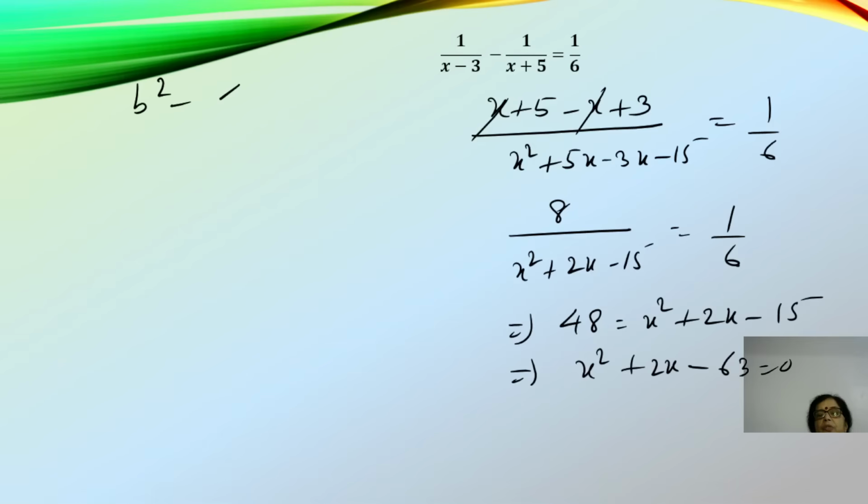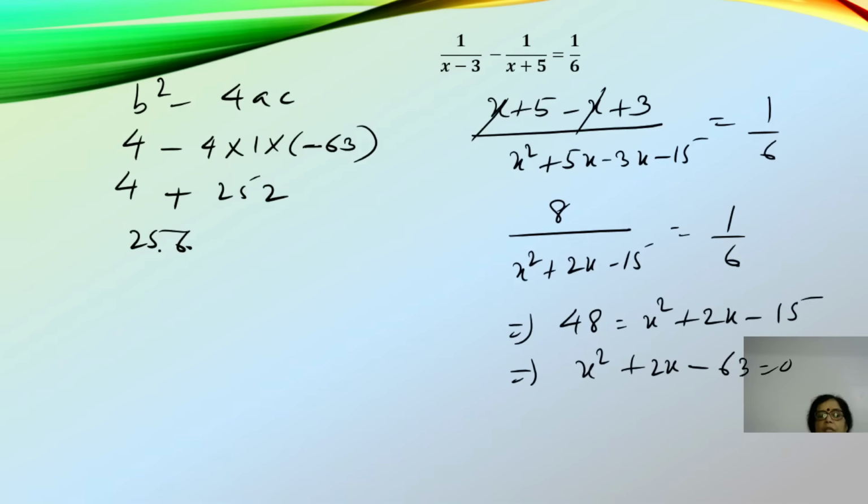So the value of b squared minus 4ac will be 4 minus 4 into 1 into minus 63. So this becomes 4 minus 4 into minus 63, that is minus 252. This will become plus because this is a minus sign. So this becomes 256. So now x is equal to minus b. b is 2, that is minus 2 plus minus under root 256 by 2 into 1, that is 2.